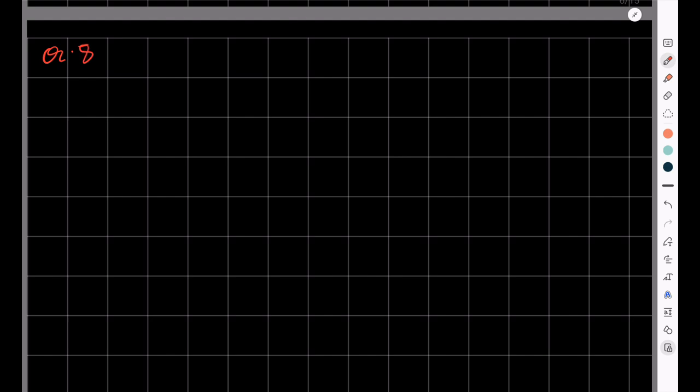Question number 8. I will again try to just read the question first. Yeah, this looks like a little bit complicated question, but let us try to take it.